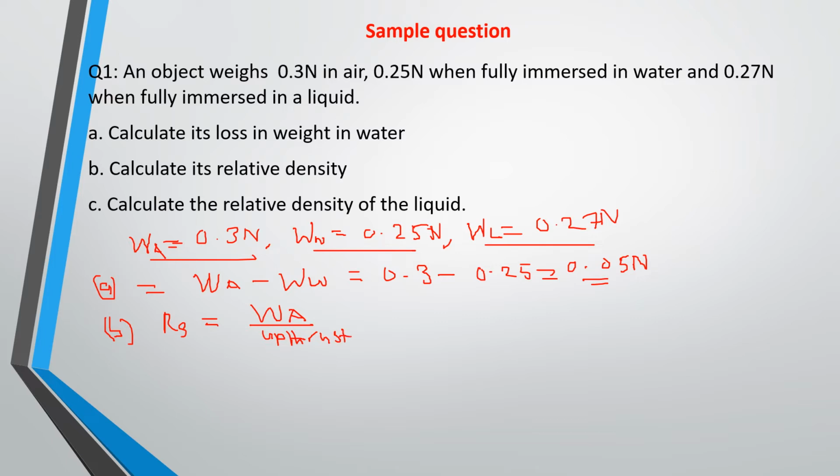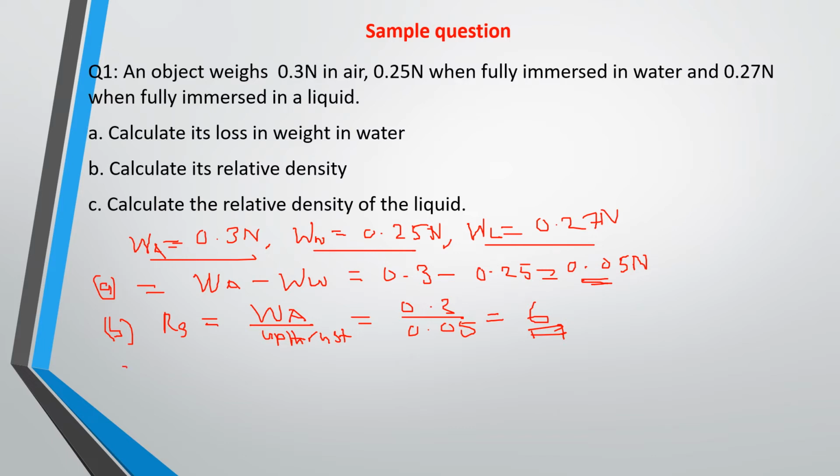So the weight in air of the object is 0.3, and the loss in weight is what we've gotten already, and that is 0.05. By the time you work this out, you are going to have that the relative density of the solid is equal to 6. Don't forget that relative density doesn't have a unit. Okay, so that is the second part of this question: weight in air all over loss in weight in water.